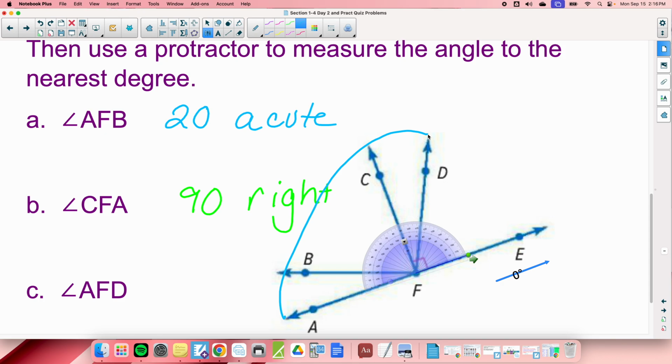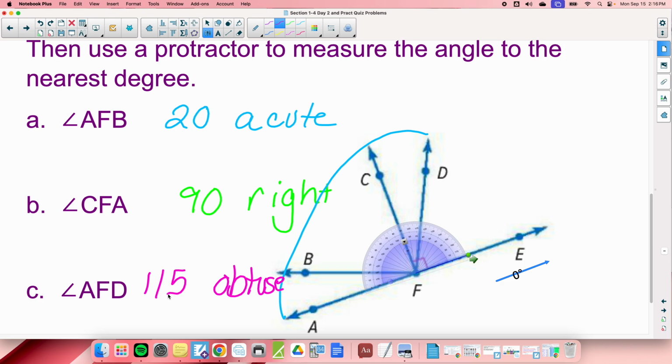About? Yes. Do you agree it's bigger than 90? And if it's bigger than 90, what kind is it? Obtuse. Now, we're going to write obtuse, and it's 115-ish. Now, if you put 120 or 125, you're fine.